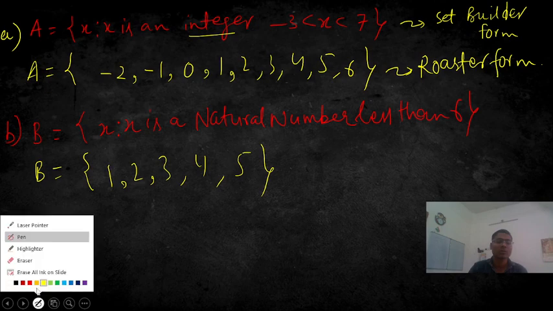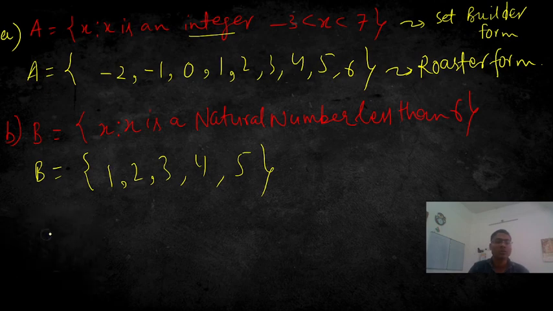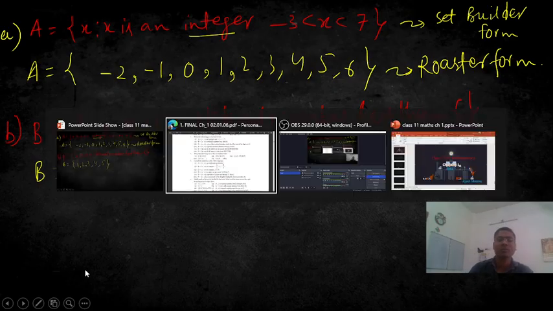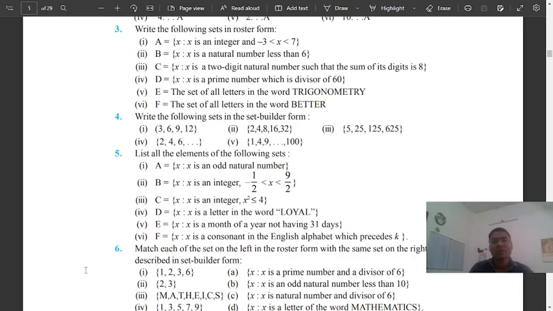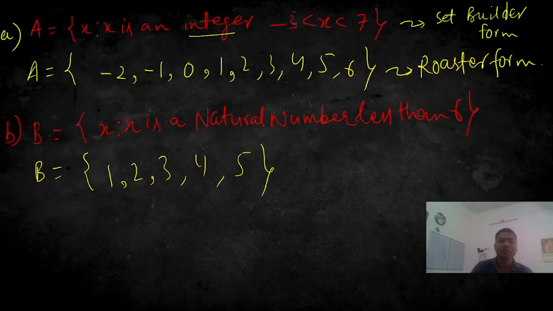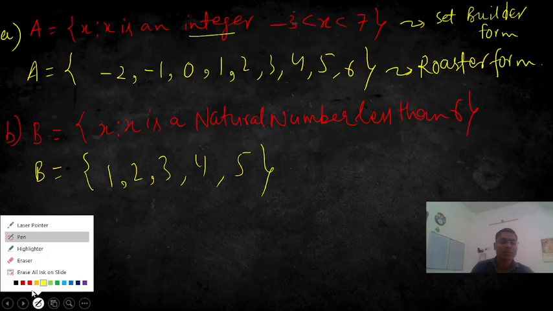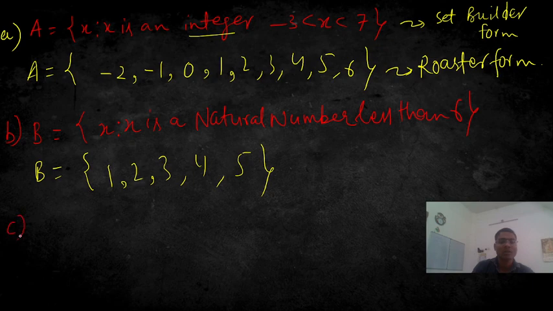Okay, so coming to our third question. What is the third question? The third question is saying x says that x is a 2-digit number such that the sum is 8. So our third question is C equals x such that x is a natural number.